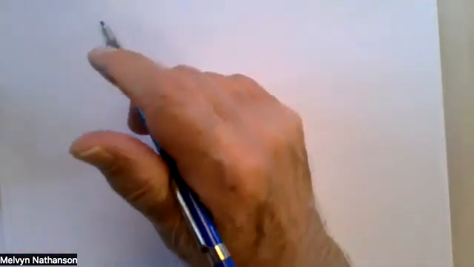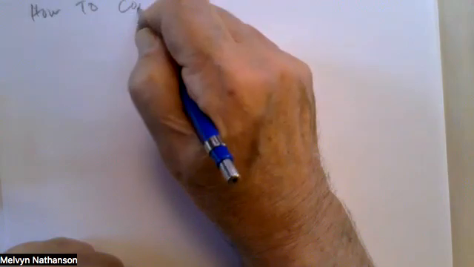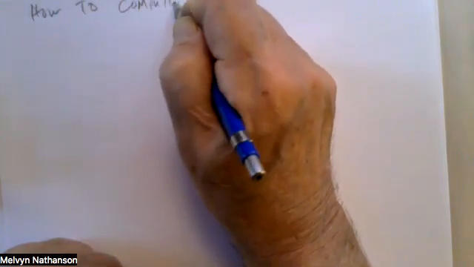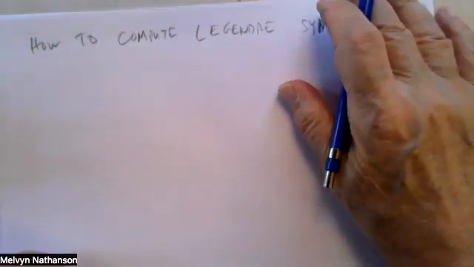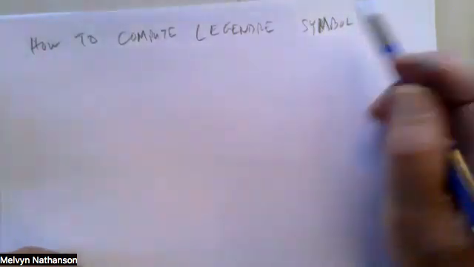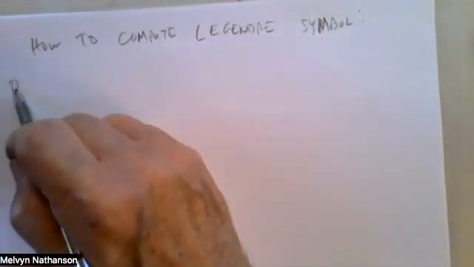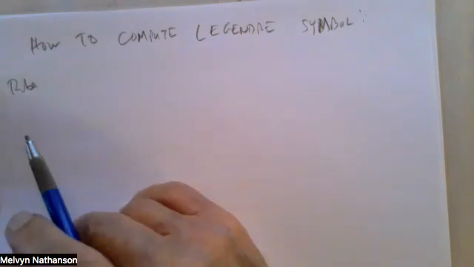So part of what we need to learn is how to compute the Legendre symbol. Here are some rules. Suppose I have a product of two numbers. Let's see how this works.